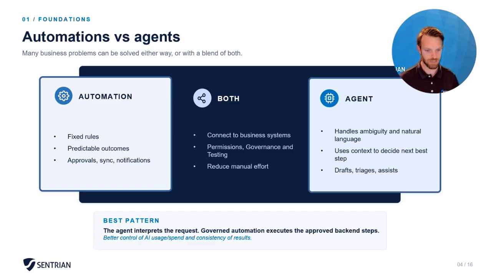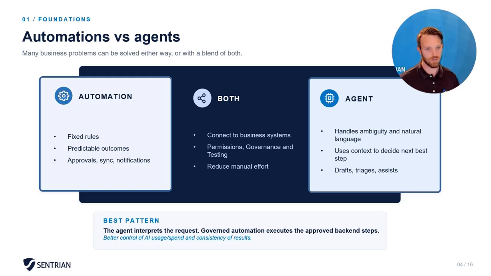An agent is quite commonly like a chat window that has a little bit more tooling and very specific knowledge plugged into the background, whereas automation completes tasks with fixed rules and predictable outcomes. You might have an approval process through there as well, and no user interaction at all through that process. So if those tick the box, then you know for sure that you're looking at an automation.